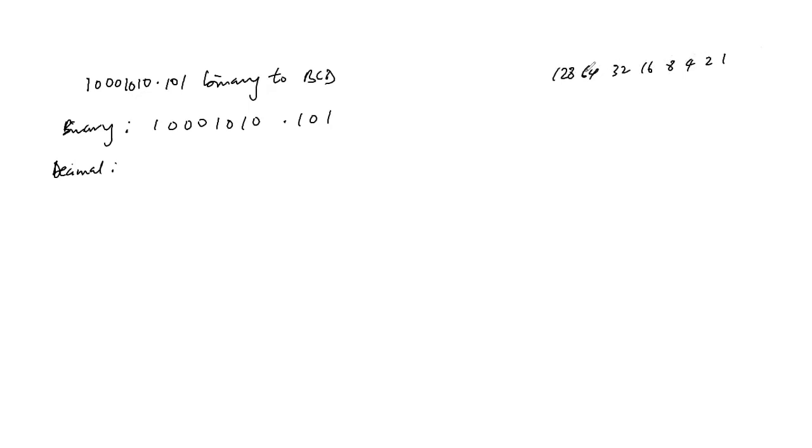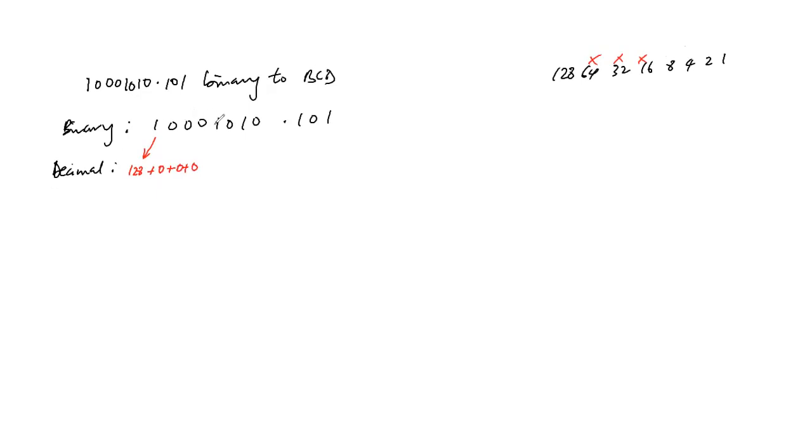These are the first 8 bits. So this is the same as 128, the same as the bit position. 128 plus 0. This is turned off, this is turned off, and this is turned off. So that's plus 0 plus 0 plus 0.